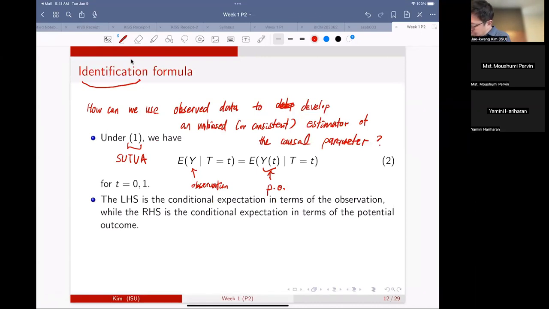So we could start from the right-hand side to show the equality to the left-hand side, or we could start from the left-hand side to show the equivalence to the right-hand side, right? Which direction will be easier?